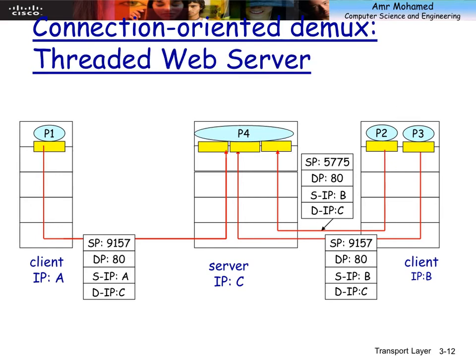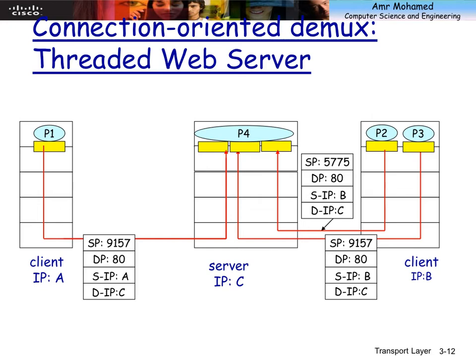So there is, of course, the concept of threads. The web server may use one shared process for all the sockets, and then it uses different threads for each application. This is a concept which is very commonly used, especially on the server side.